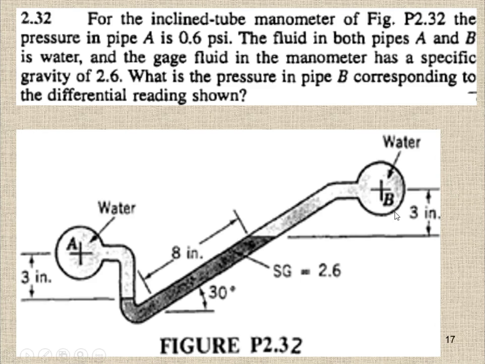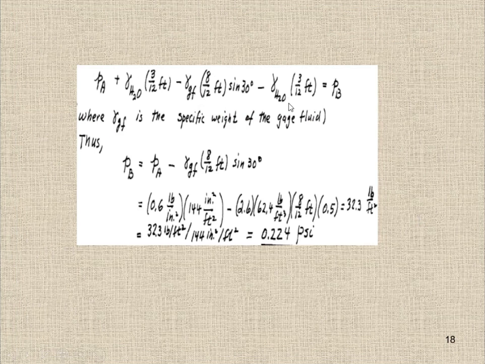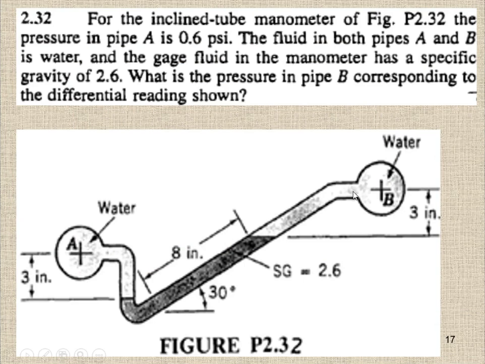PB minus gamma of Hg into 3 by 12, or gamma H2O into 3 by 12. Since we are going down, this is going to be positive, and this is also positive. So PB plus this value into this height plus this height.